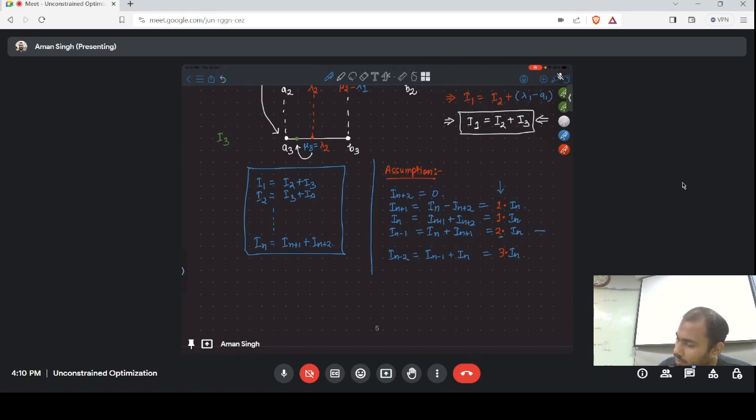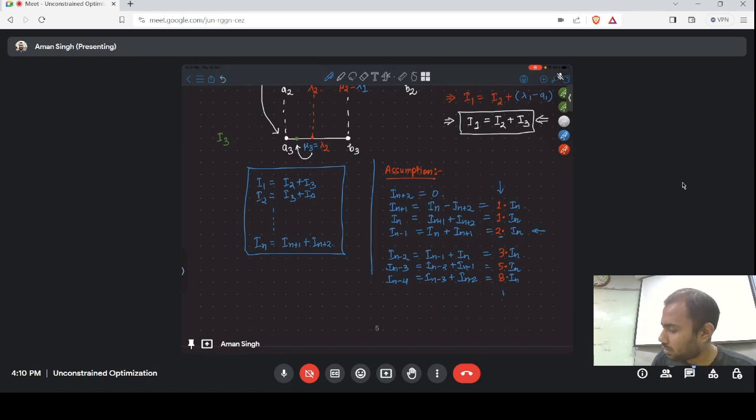As you can see, this becomes some kind of a series, and if you look closely, each term from here onwards is a sum of the previous two terms. So the next will be 5In, then it will be 8In, and so on and so forth. So this is actually the Fibonacci series, In minus 3 plus In minus 2.